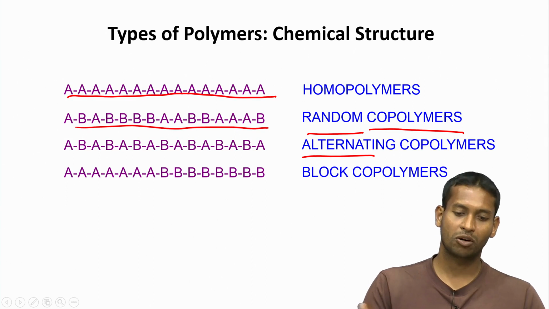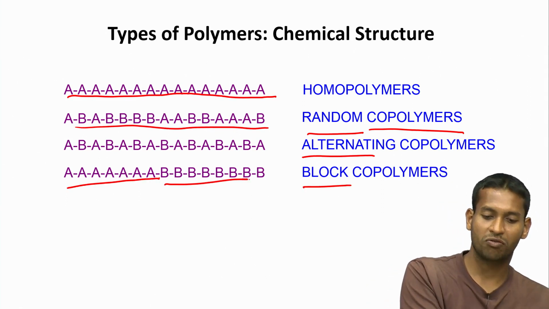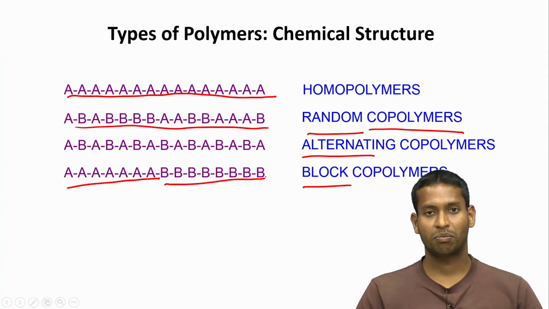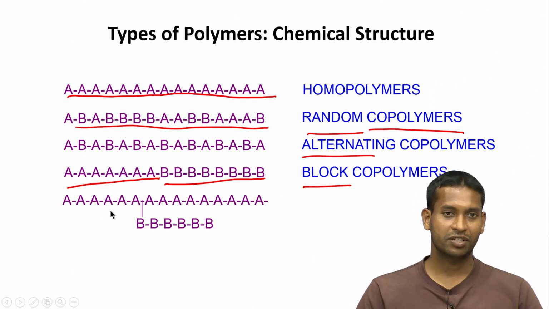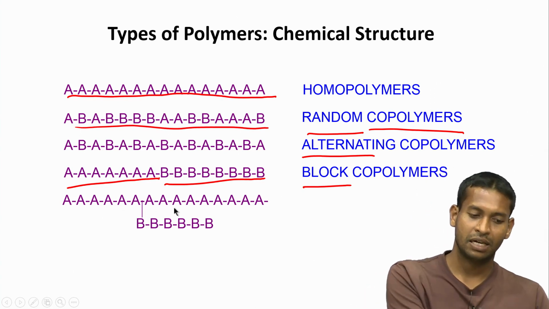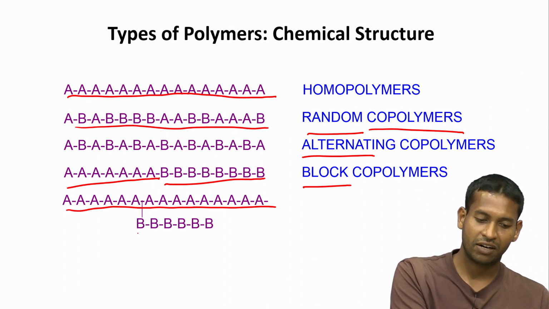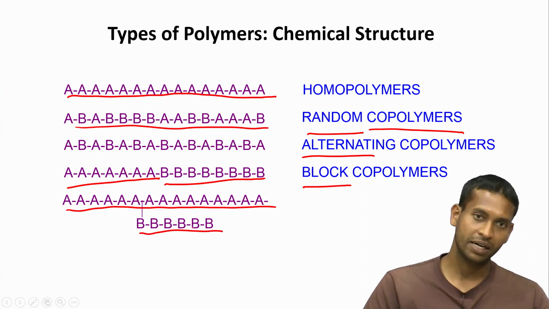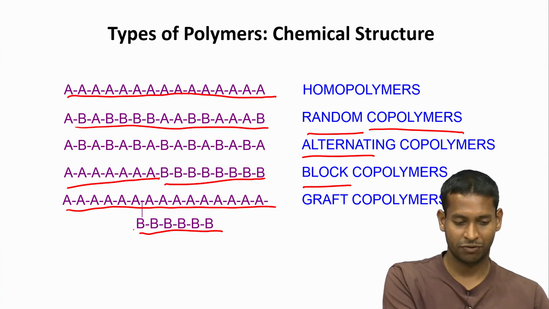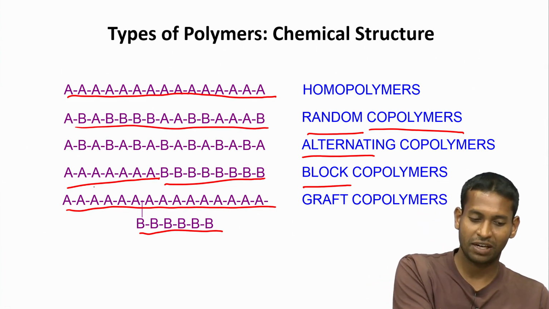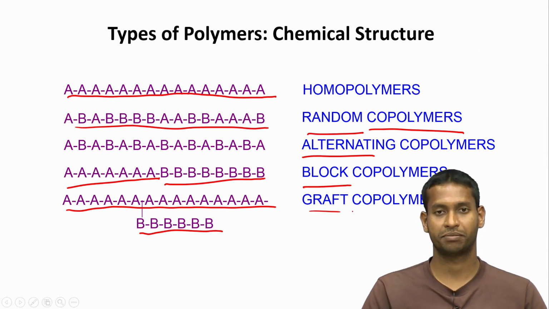These are typically called block copolymers, because you have a block of A and then a block of B. And then you can have a system where A continues throughout the polymer, but a little bit of graft is added for B, which is separate. These are called graft copolymers, because even though A by itself would have made a polymer, B is separate, and so it makes a graft here.